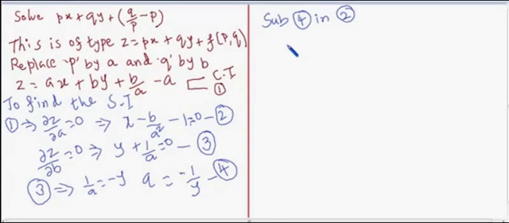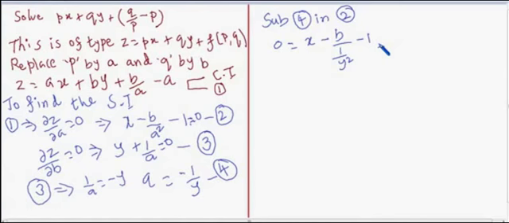We get 0 equal to x, taken as it is, minus b divided by a squared, which is 1 by y squared, so 1 by y squared, minus 1.